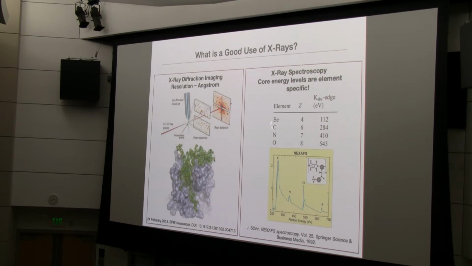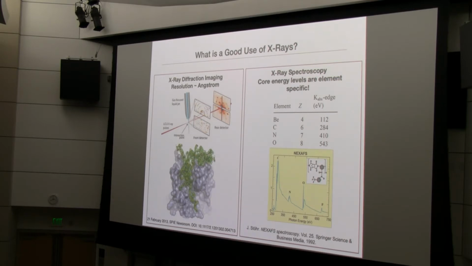So that means that now if you tune your X-rays to some specific absorption edge that corresponds to one element, you can look at a somewhat complicated molecule and get information that is localized to the specific atomic site you care about. So either way, with X-rays, you get information about your sample at the atomic level.